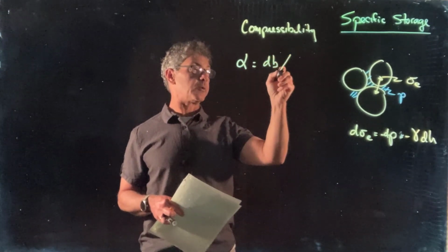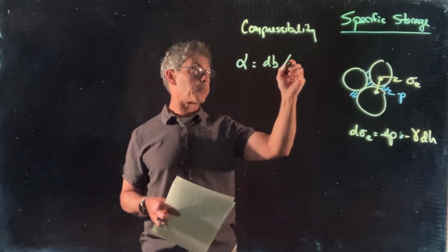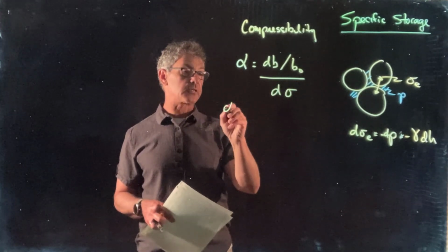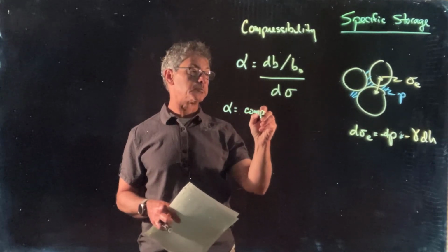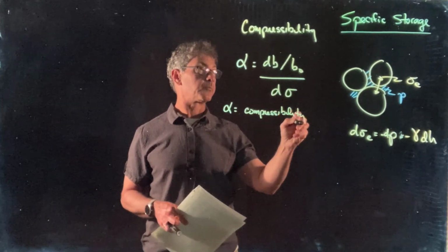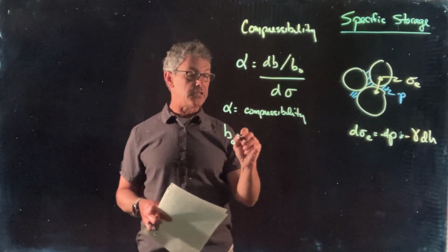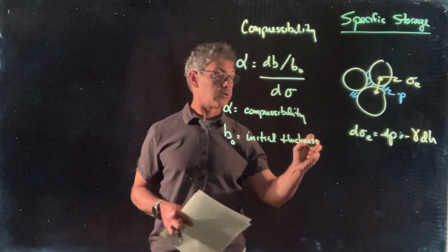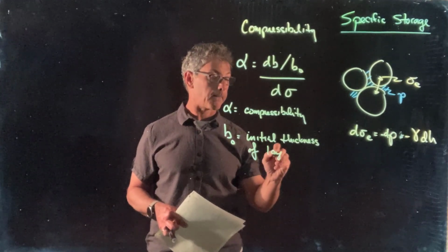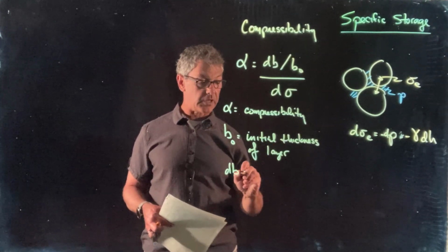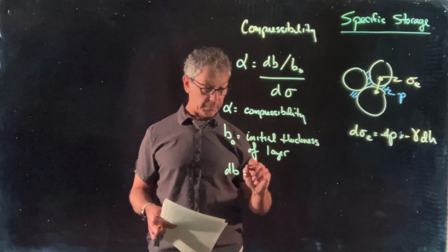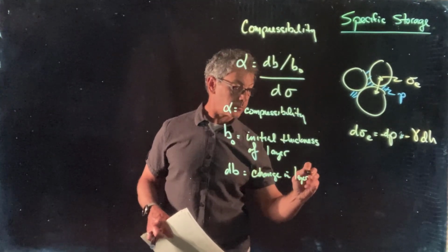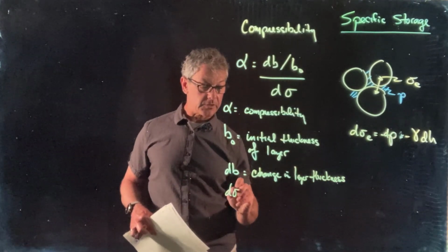So if we have some unit thickness of material that we call B, so we have alpha is the compressibility, and B naught is the initial thickness of the layer, and dB is the change in thickness of the layer, over the change in the effective stress.